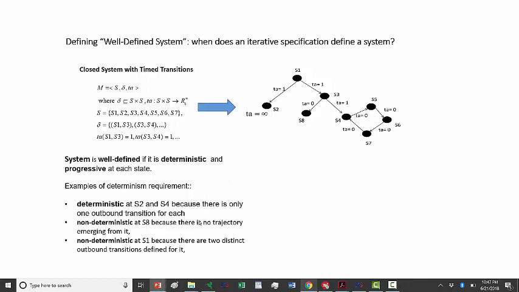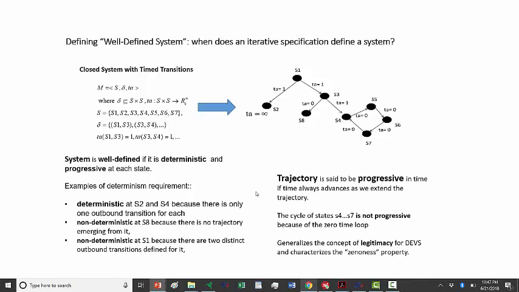Non-determinism is when you don't have that situation, either because there's no trajectory emerging like in S8, or because there are more than one trajectories or outbound transitions like at S1. So we have a concept of determinism. But we also need the concept of progressivity, which requires that time always advances as we extend a trajectory.